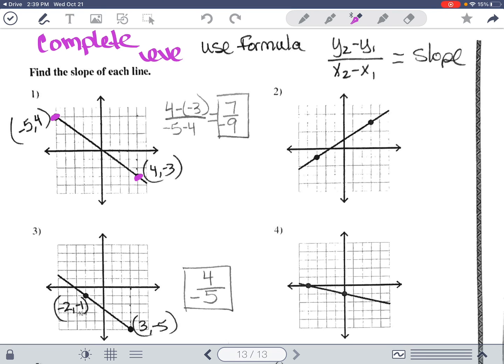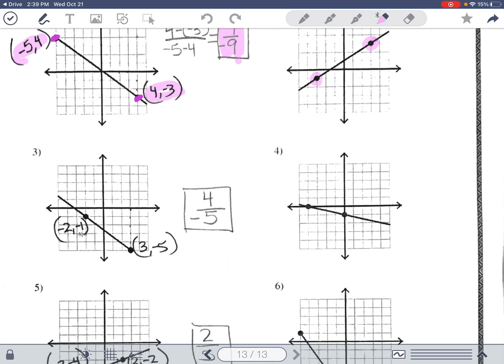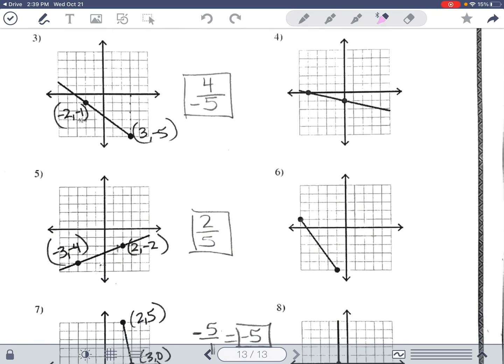But I worked out the odds over here for you. So I identified the 2 points. On these, those 2 points you don't have the ordered pairs for them. I gave you the ordered pairs based on where those points were located, plugged it into the formula, and came up with the slope. So I just want to show you guys these.